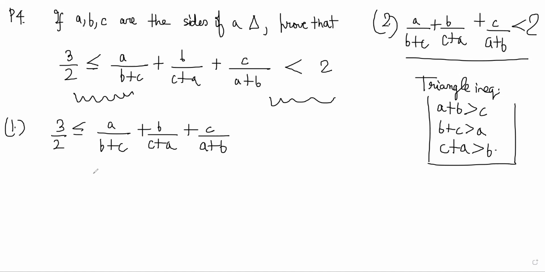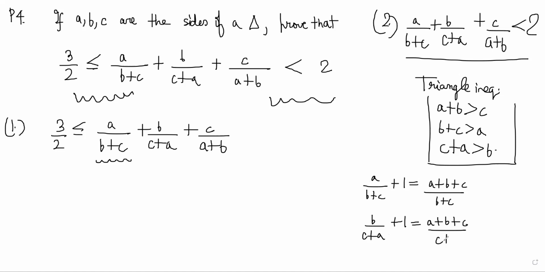One thing you should notice in this expression is that a by b plus c plus 1 is what? a plus b plus c by b plus c, right? And similarly, b by c plus a plus 1 is also a plus b plus c by c plus a. Yeah.